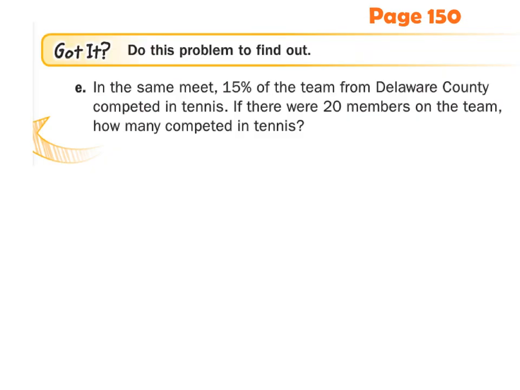On page 150, in the same meet, 15% of the team from Delaware County competed in tennis. If there were 20 members on the team, how many competed in tennis? Pause the video, see if you can set it up correctly for yourself. Solve the problem and then check.